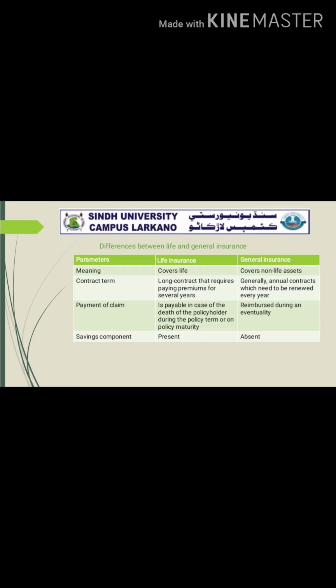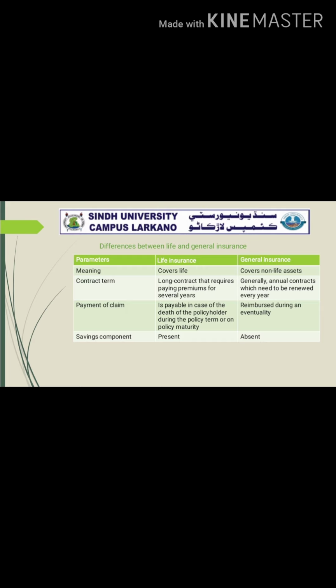The third point is payment of claim. In life insurance, the claim is payable in case of the death of the policyholder during the policy term or on policy maturity, whereas in general insurance the loss is reimbursed during an eventuality.